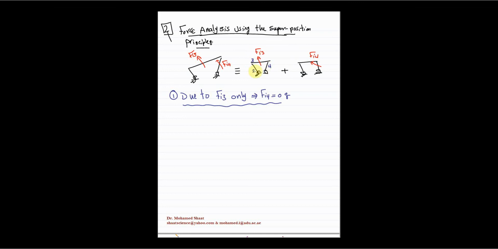If I ask you how many forces are acting over link 2, there should be one force here and another force here, right? So it should be a two force member. There is nothing else really acting over this link.